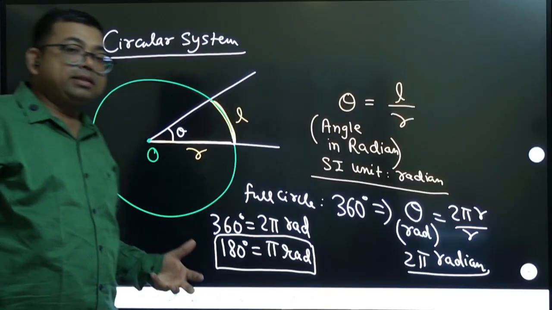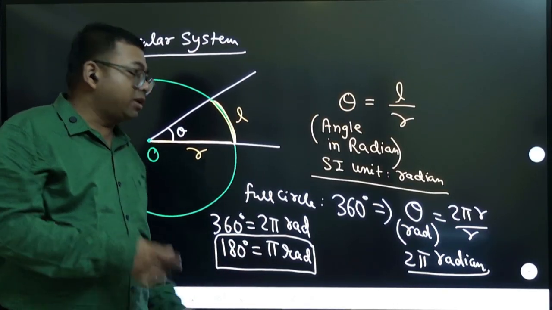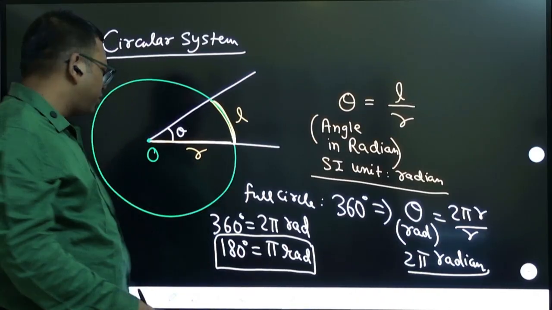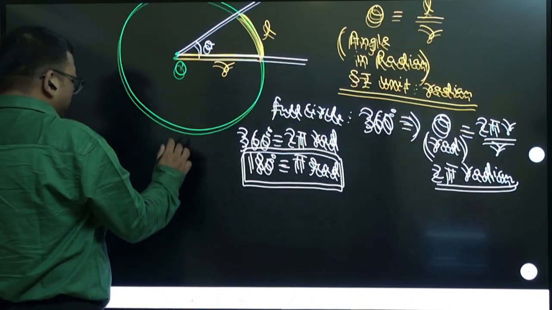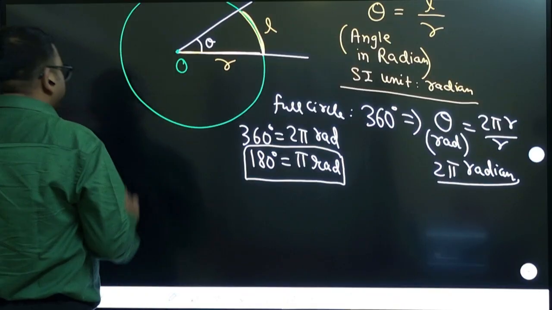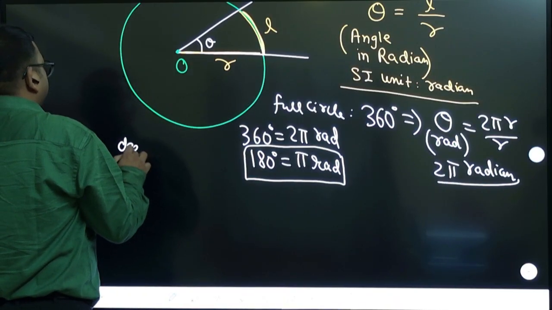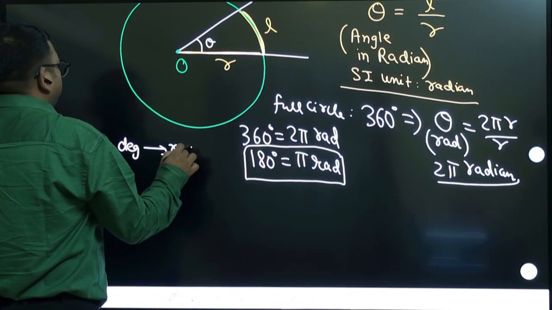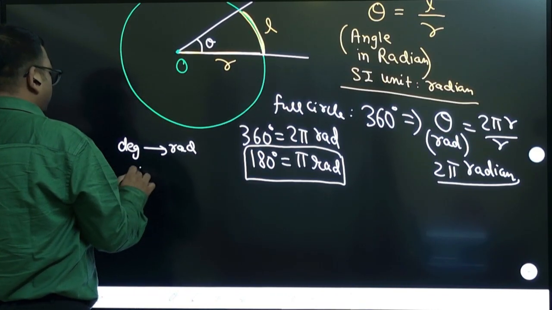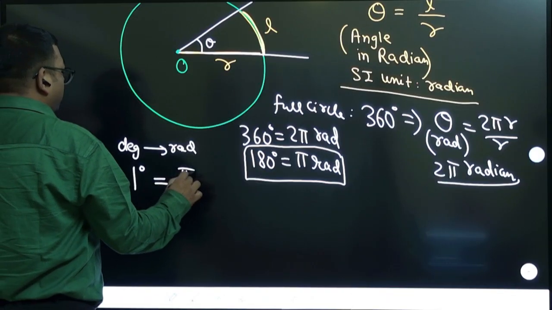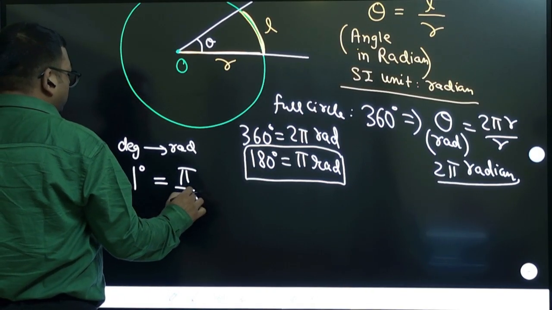So that's the relationship between degree and radian. If I want to convert radian to degree or degree to radian, we will do it like this. Let us say I want to convert from degree to radian. We should know 1 degree becomes pi by 180 radian.